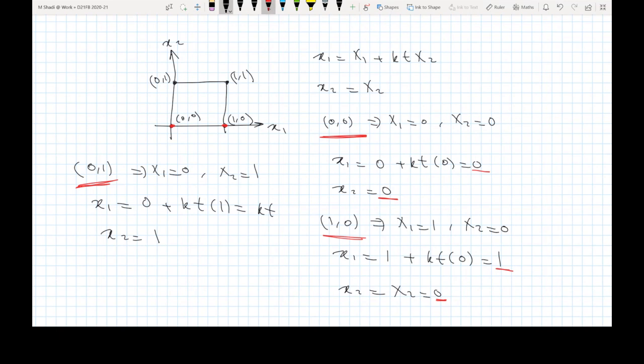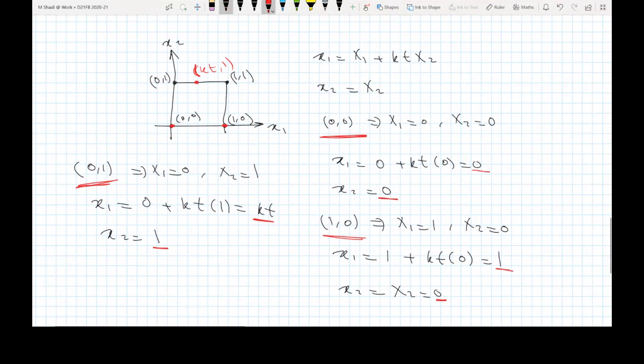So this third point has ended up at (kt, 1). So the coordinate has moved to this point here. The new point is (kt, 1). All right, so this is the new location of the third point.